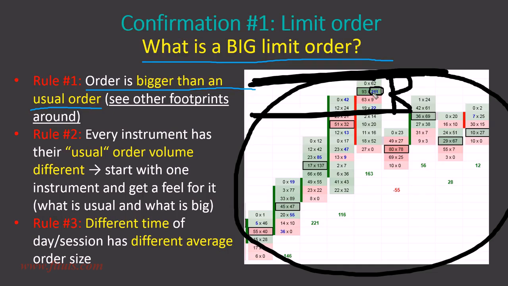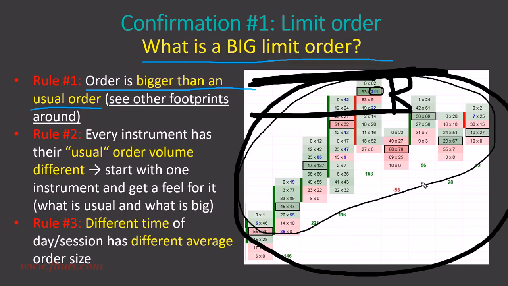211 contracts on the ask. Now, if you look at all those numbers and all those candles and footprints around, you can tell that 211 contracts is quite a lot. Actually, it's the biggest number from all those footprints.